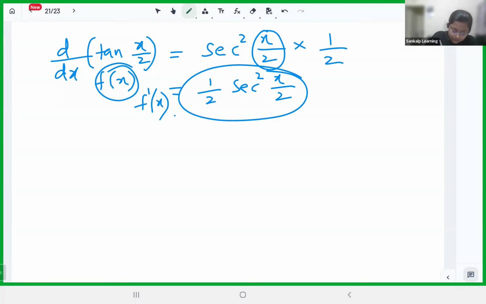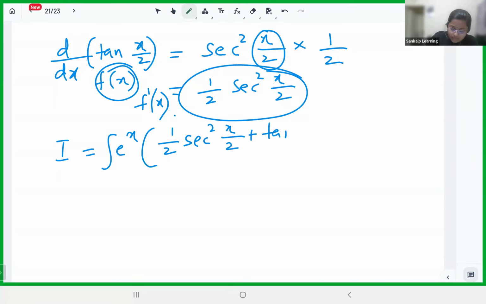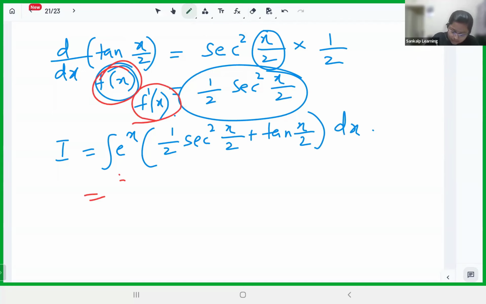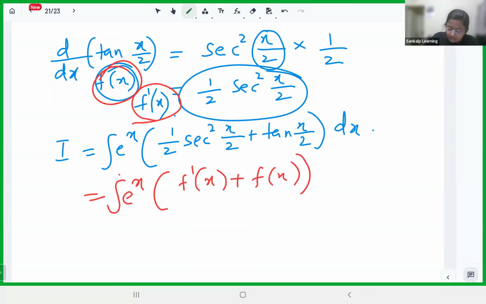Now what we have got over there, that was I equal to e raised x into 1 by 2 sec square x by 2 plus tan x by 2 into dx. This was our last step, right? So if you compare, this is equal to integral e raised x into f dash of x plus f of x into dx.